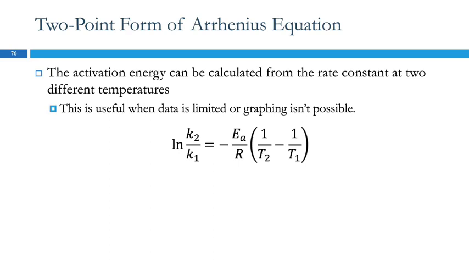You can just use this equation, which is basically taking the coordinates of one point and the coordinates of the other point and sticking them in. So natural log of k2 over k1 is equal to negative Ea over R, 1 over T2 minus 1 over T1.